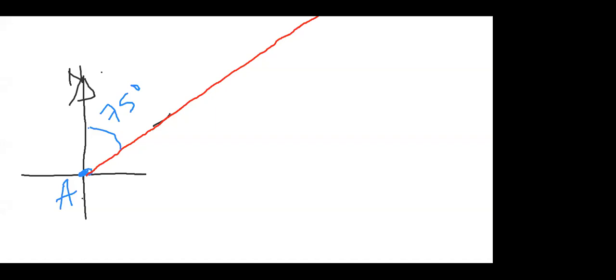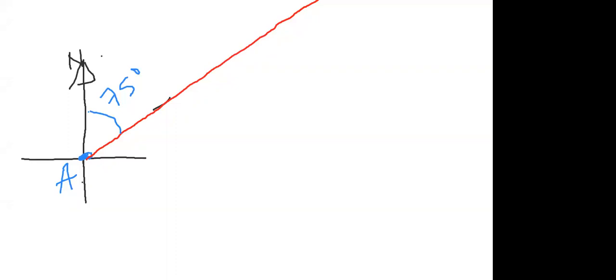So next, we are going to locate where B is from A. In other words, what distance is B from A? The question says that it is 15 kilometers.